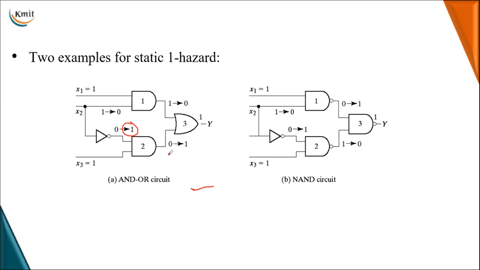So the output of your first AND gate is 0. Due to this, with 0 0 as the two inputs of your third AND gate, for a moment the output of this circuit will move to logical 0.